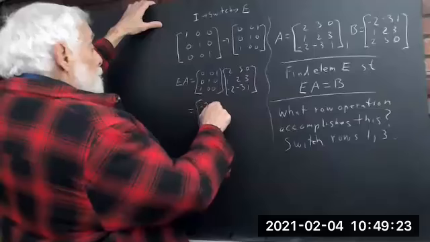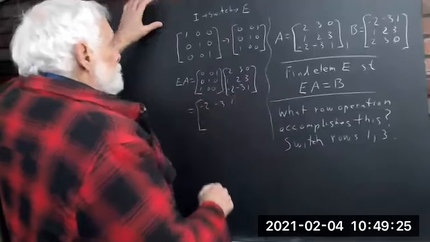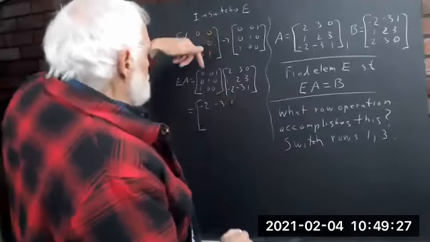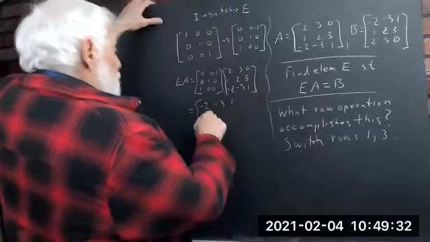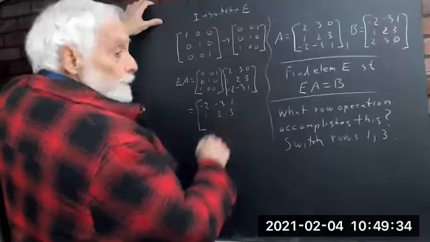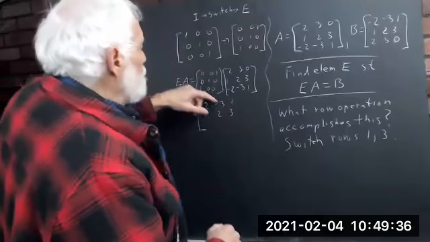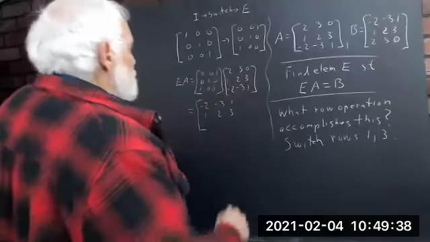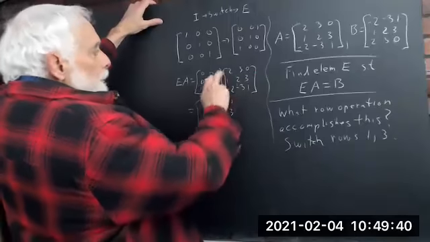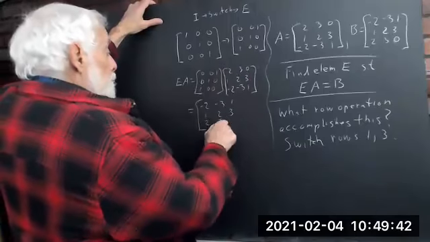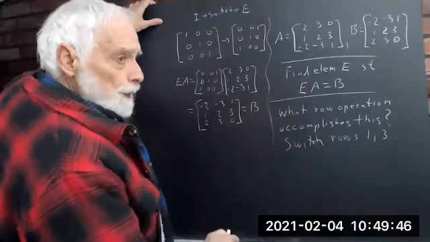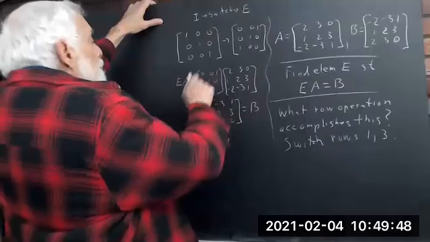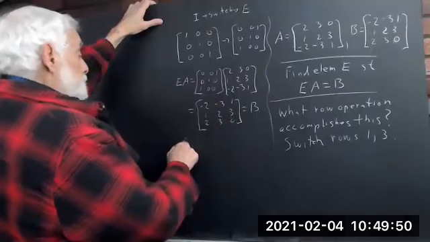That's going to give you negative 2, negative 3, 1. 0, 1, 0 multiplied by any column is going to give you the middle number in the column. That's going to give you 1, 2, 3. And 1, 0, 0 times all this, you've got to pick out the first number in the column. It's going to give you 2, 3, 0. That equals B. The answer to the question is this elementary matrix.